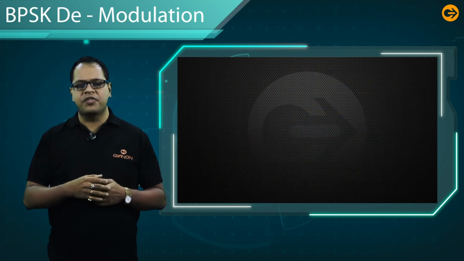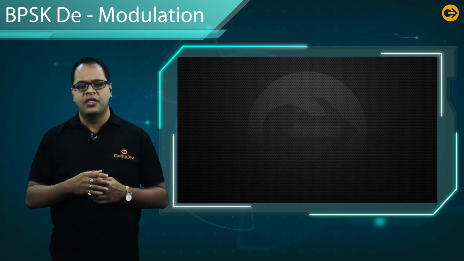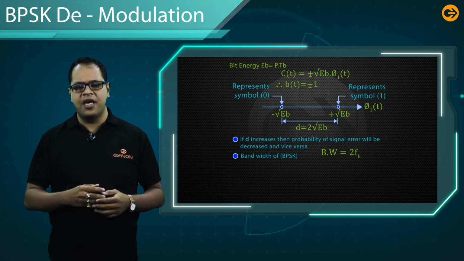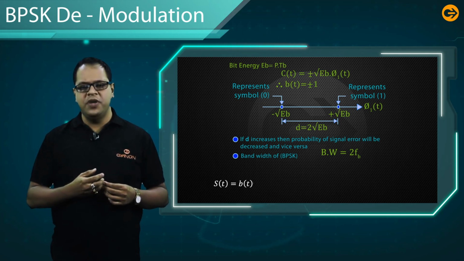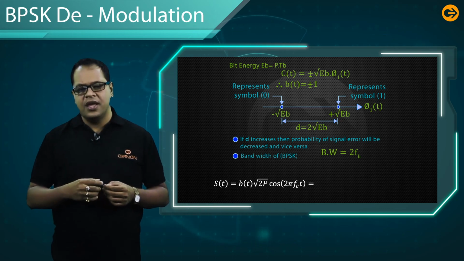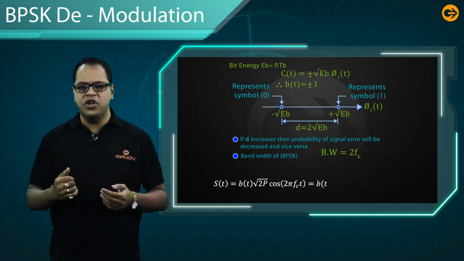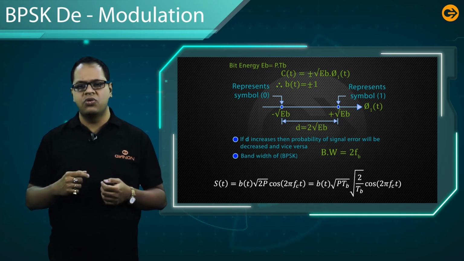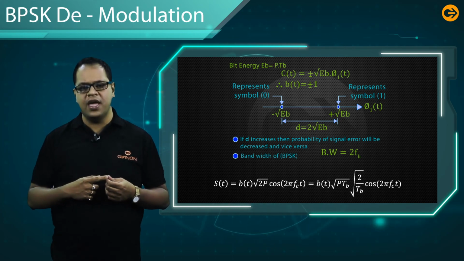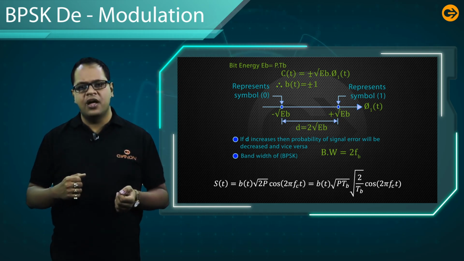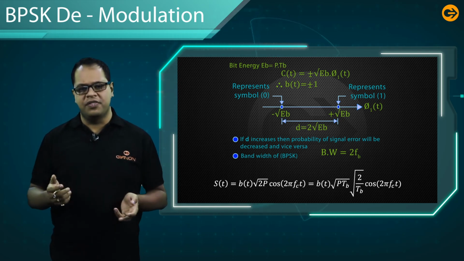Next we are going to discuss the signal space diagram. The BPSK signal can be written as s(t) = b(t) root 2P cos 2π fc t. It can be simplified to b(t) into root P Tb into root 2/Tb into cos 2π fc t, where Tb is the time period of the message signal.